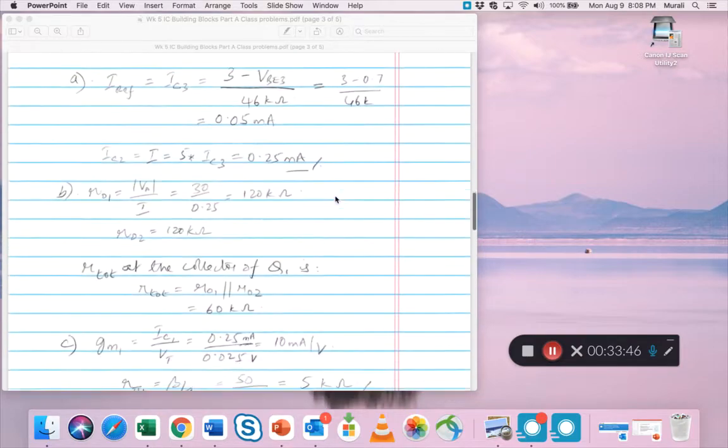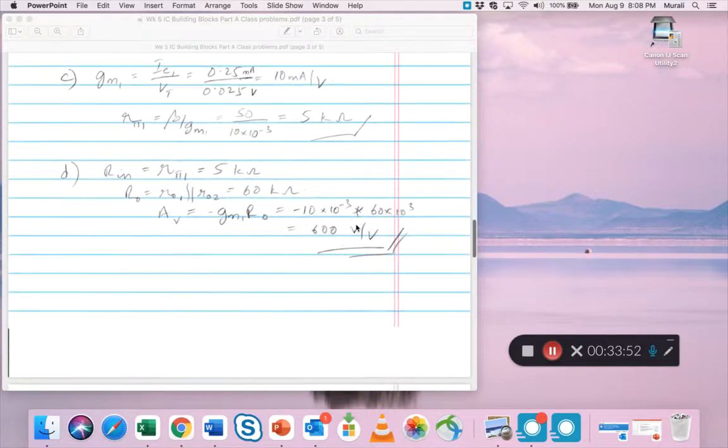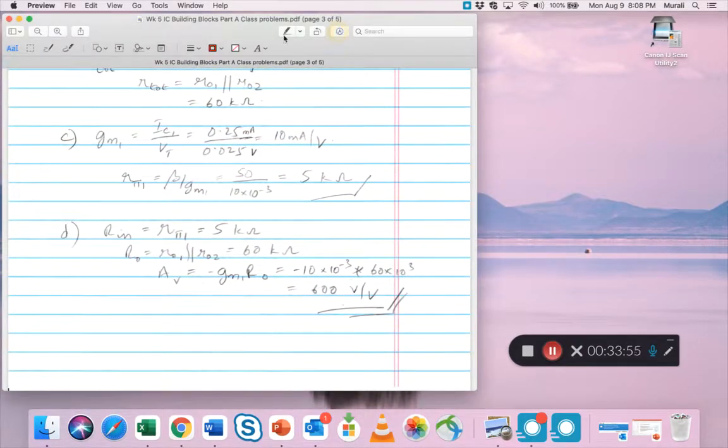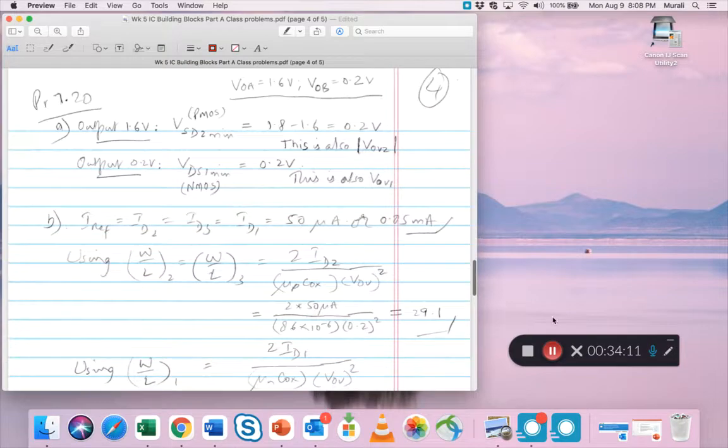Is it a minus sign? Yeah, it should be a minus sign. So let me fix that. Okay, all right. So that takes care of that problem.